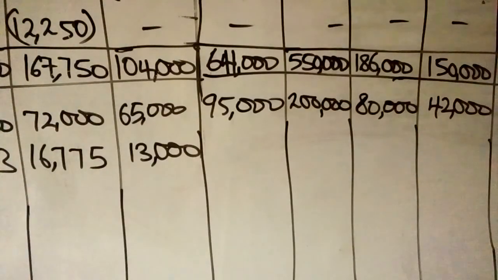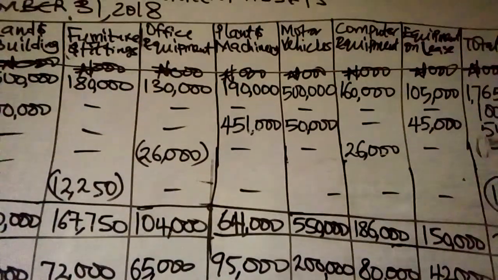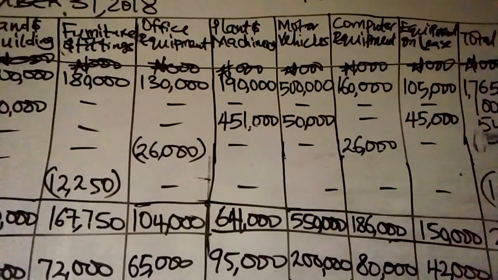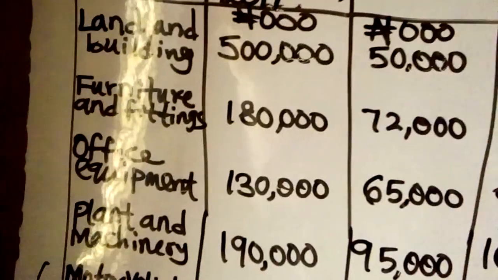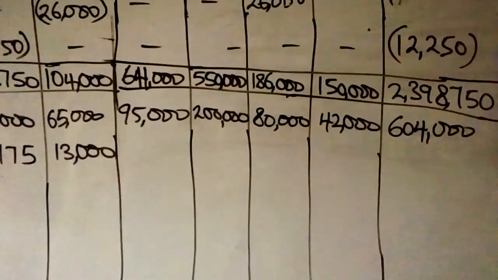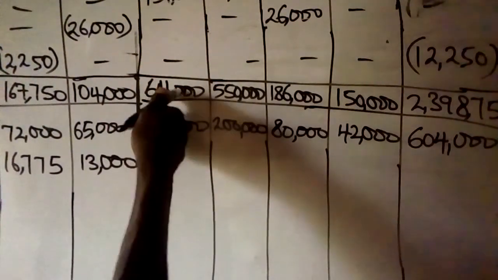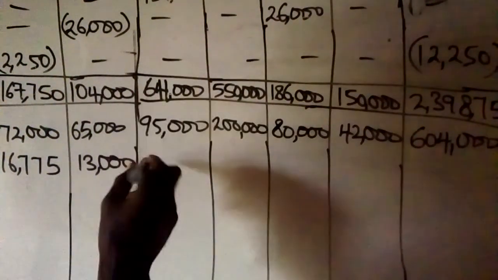Then for plant and machinery, you have 641,000. The life of plant and machinery is 10 years. Then you apportion 641,000 over the 10 years period, 641,000 divided by 10.